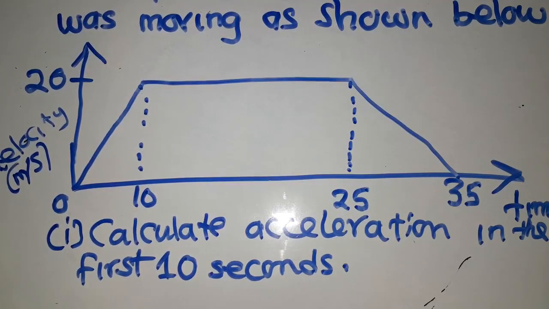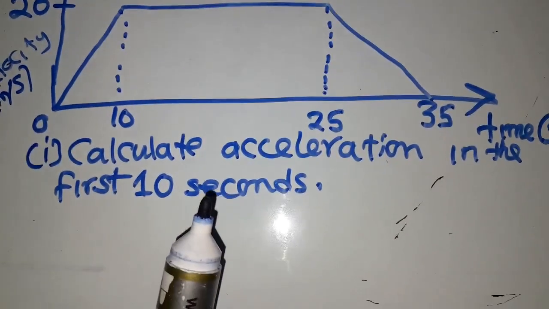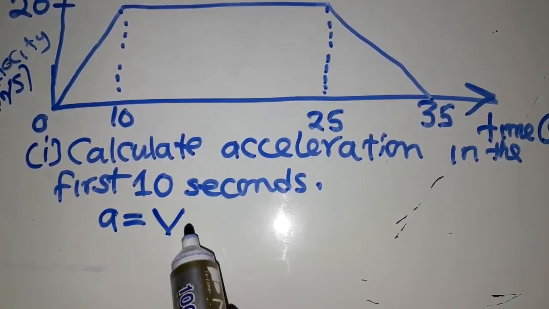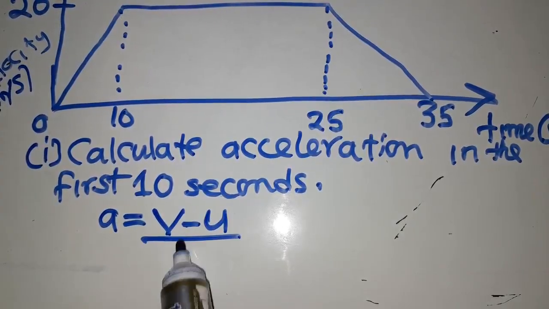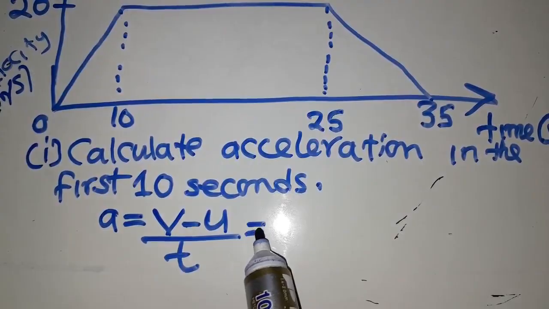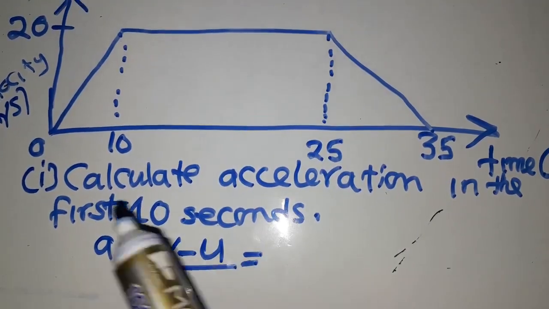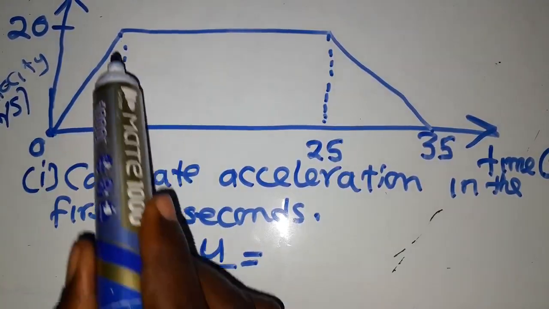How can you calculate the acceleration in the first 10 seconds? You know that acceleration is equal to final velocity minus initial velocity over time. What is your final velocity? It started from here and ended there.